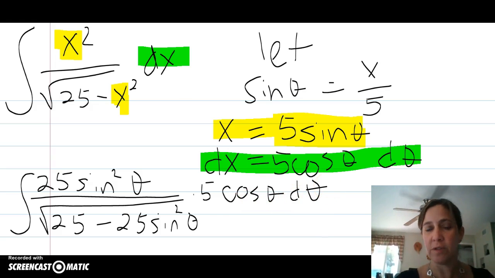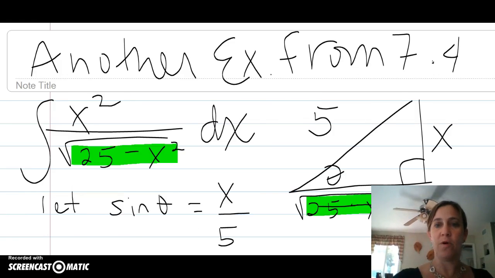A quick comment, and we'll discuss it more in class, or you might want to pause and think about things for a minute. Remember, we're calling x and 5 actually represent sides in our right triangle. So in order for any of this to make sense, we're assuming that theta is an angle between pi halves and negative pi halves, so that I can solve for the arc sine.